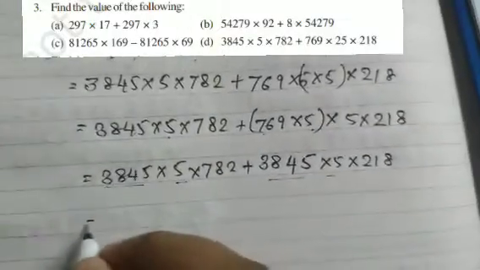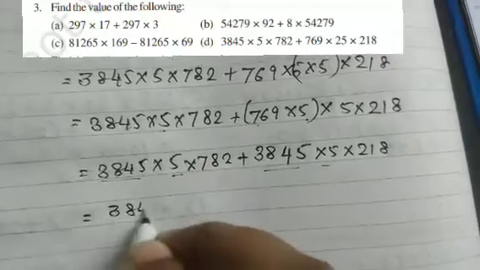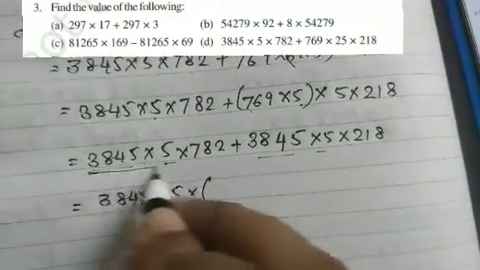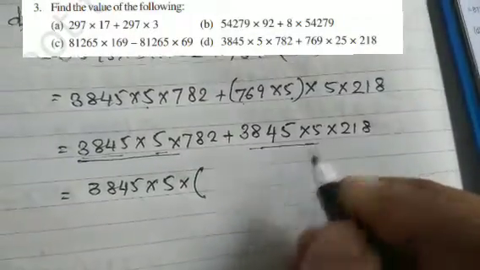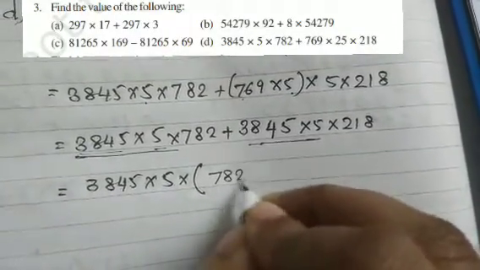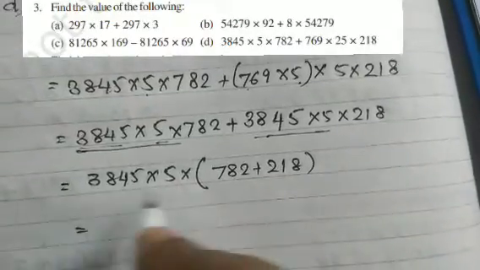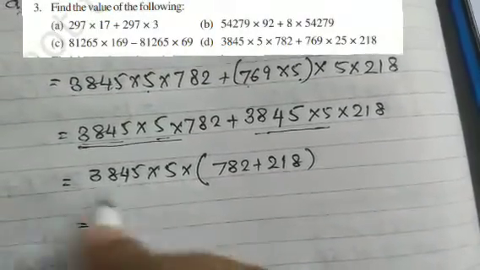So here I can take this complete thing as outside, which is very common to both, and 782 plus 218. So here I can multiply this if I wish to.